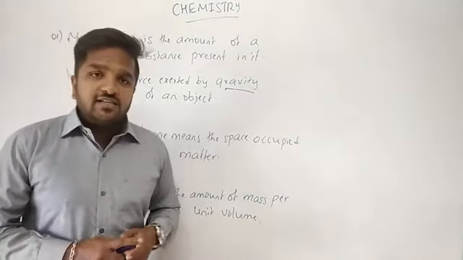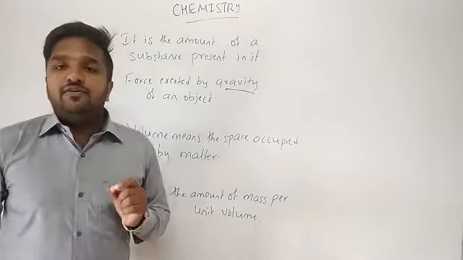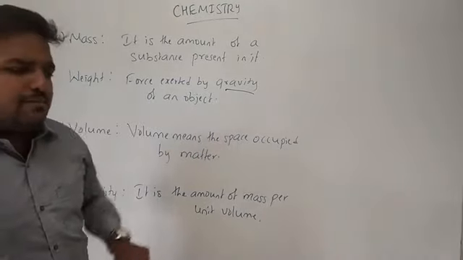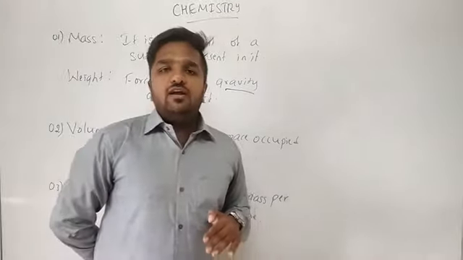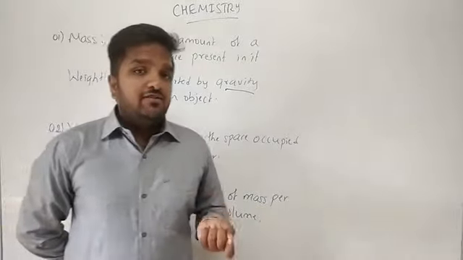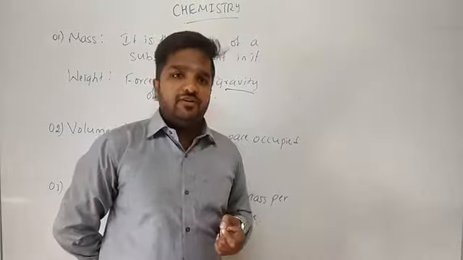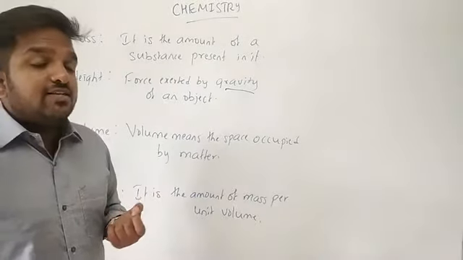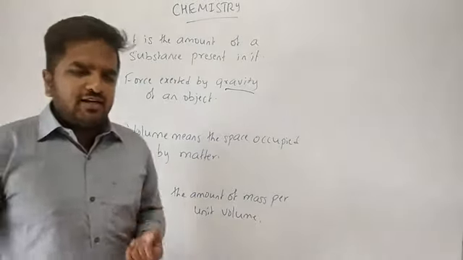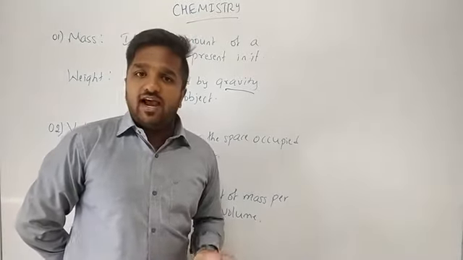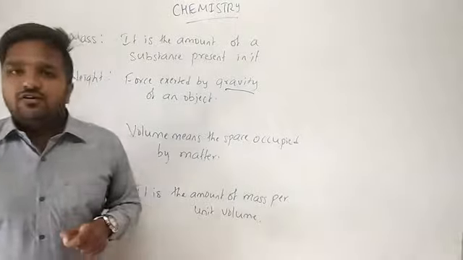In order to know the weight of an object, gravity plays a major role. For example, when you are landing on the earth, the weight will be different from when you are going in an elevator, what you call a lift, because there will be some different action of gravity.